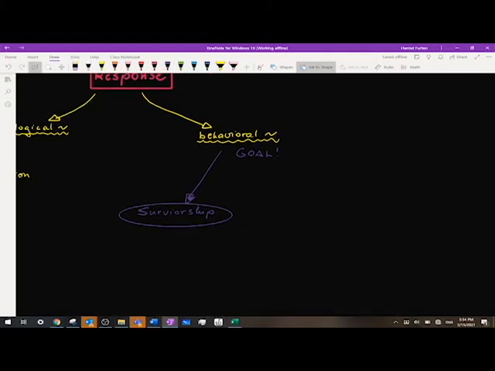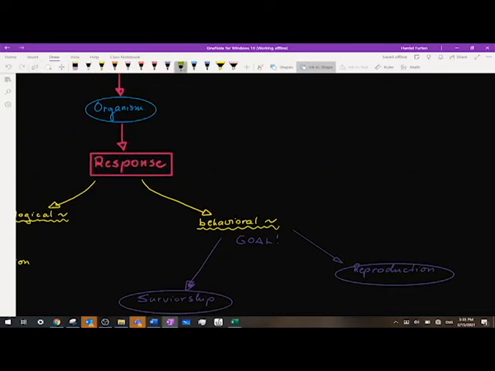But the behavioral response also focuses on reproduction, to passing on the genes more frequently and in a bigger scale. The behavioral response is going to be conveyed through communication.